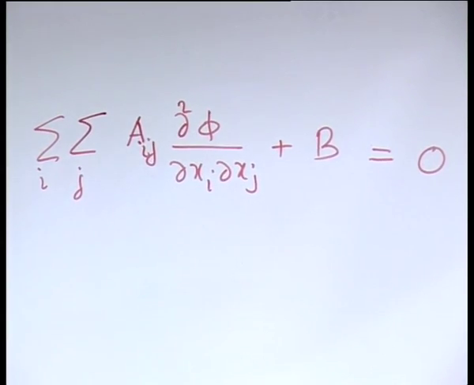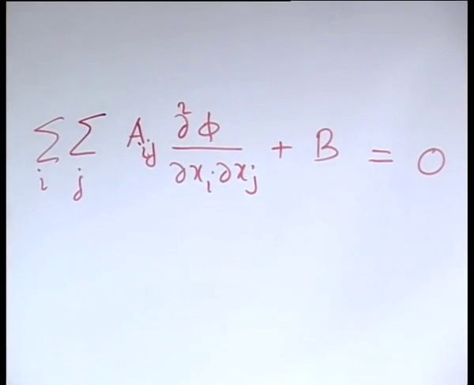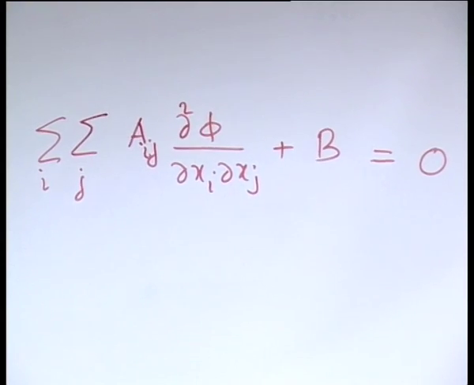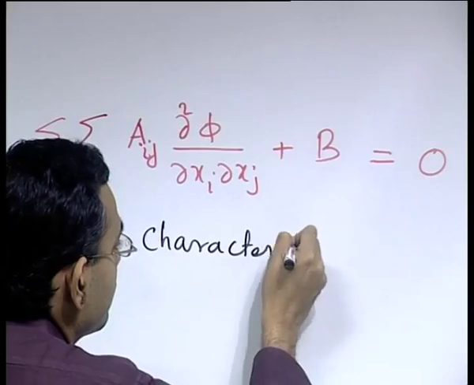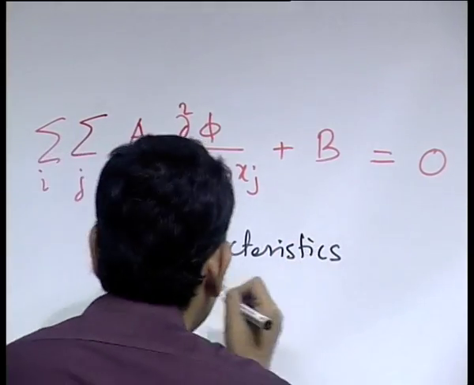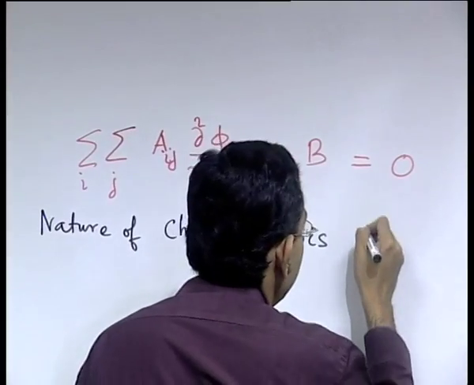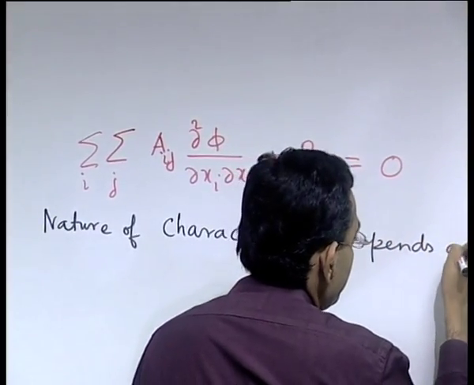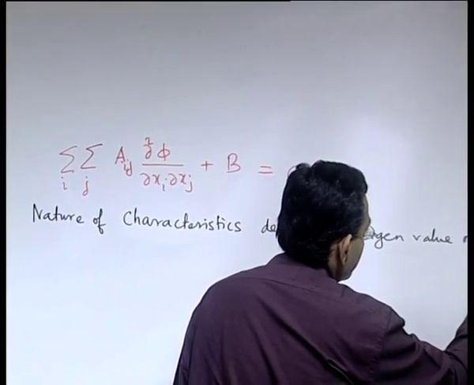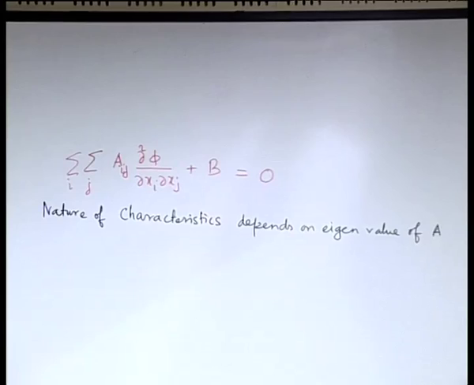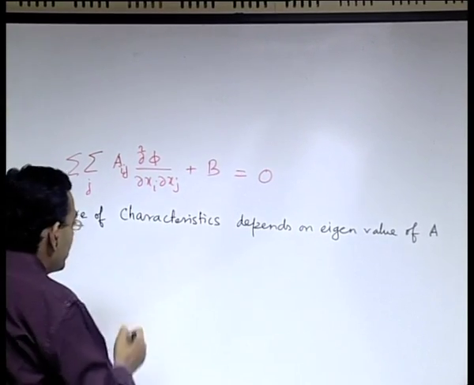Now the characteristics of this equation, or rather the nature of the characteristics, depends on the eigenvalues of the coefficient matrix A. So how do we get the eigenvalues of A?